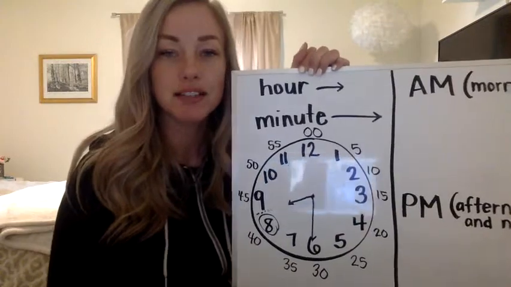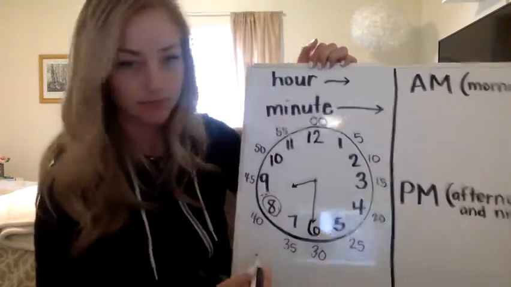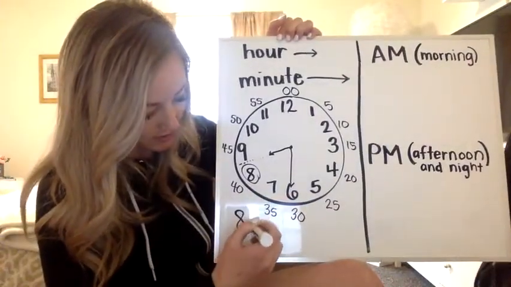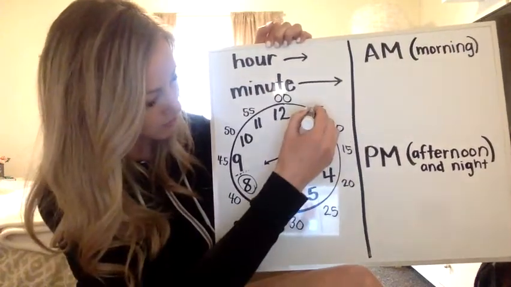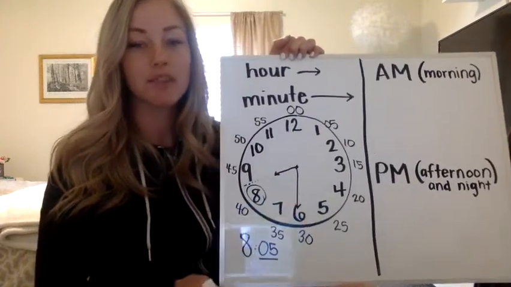And when you see the time on a clock, like let's say it's 8:05, it's always going to have two numbers in the minute place. So just put a 0 right there because there's 0 tens in the number 5, okay?